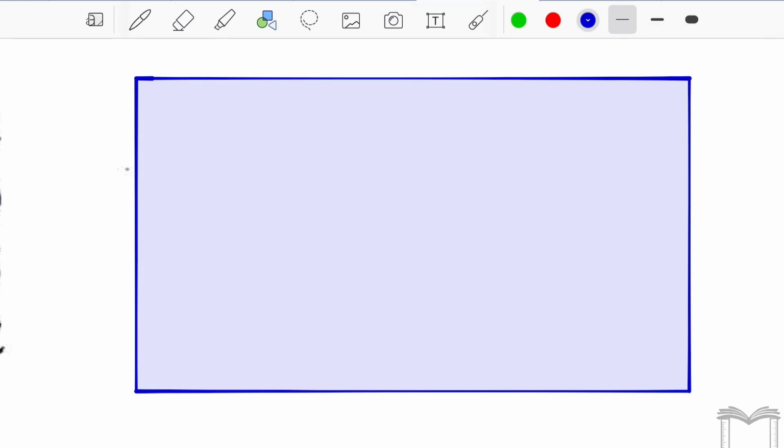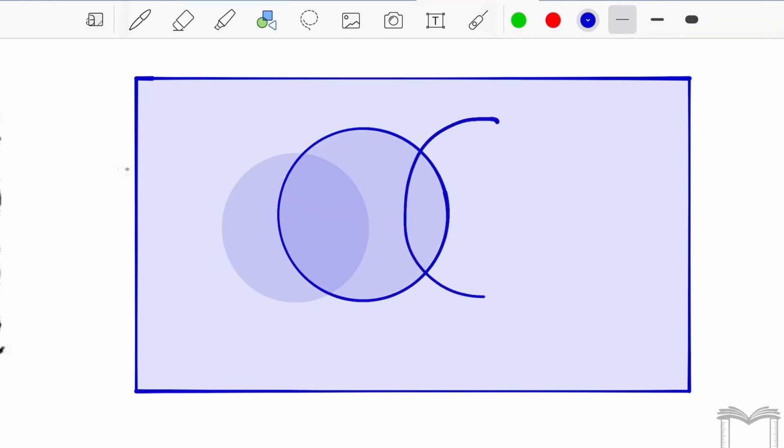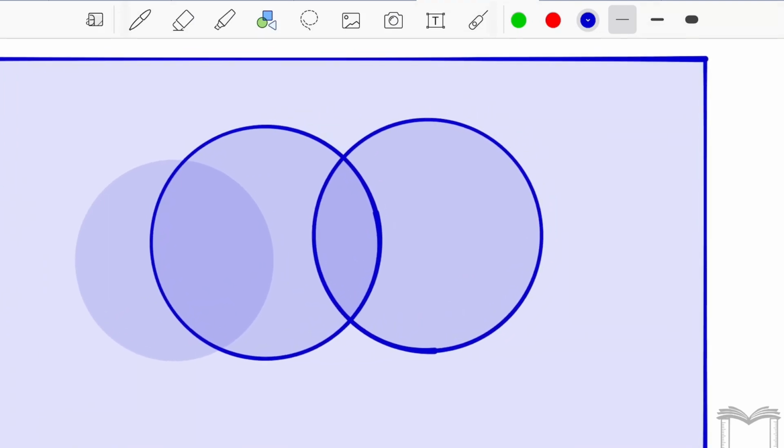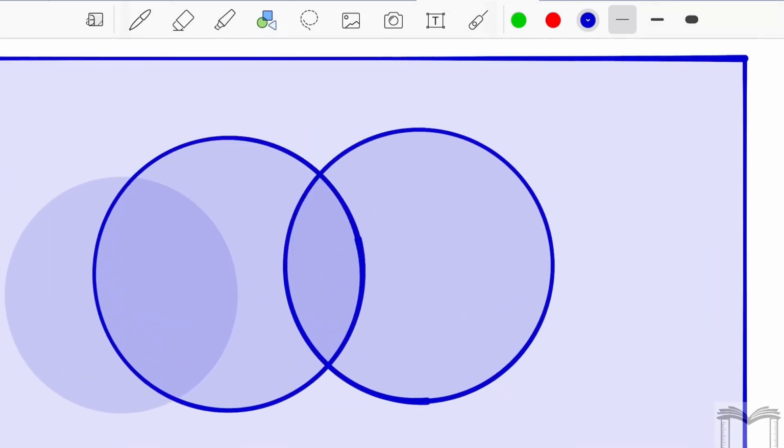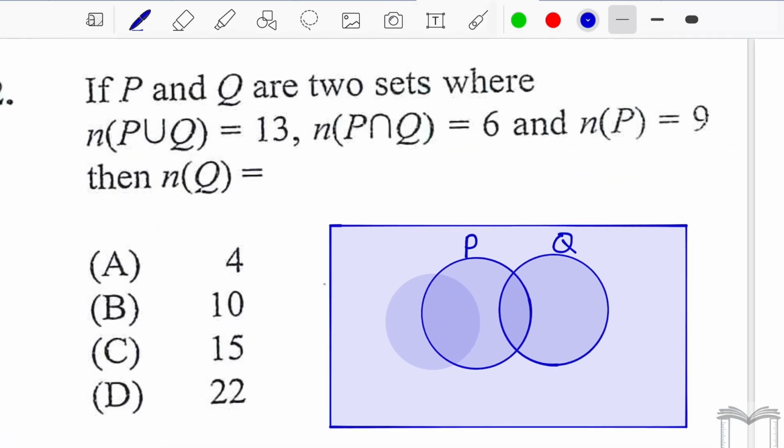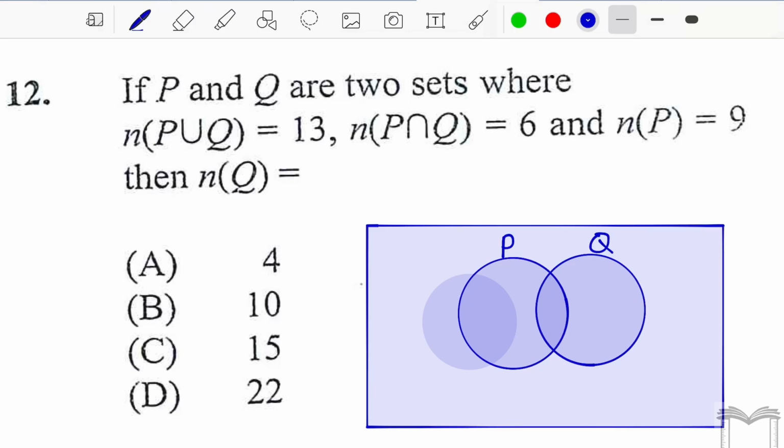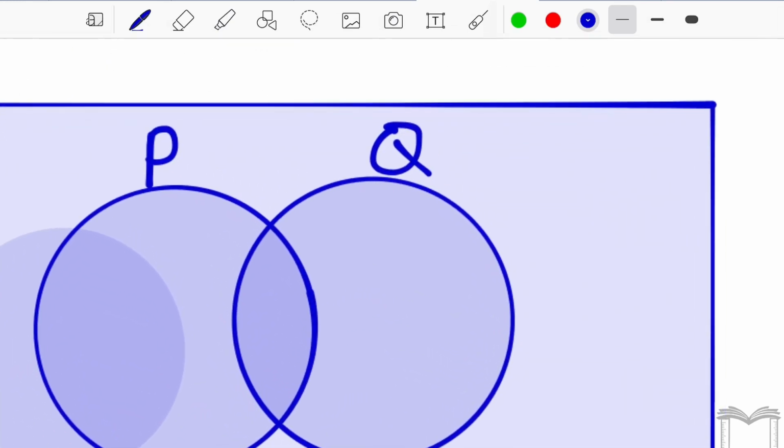So let's put P and Q. Ignore the first circle, that is not important. They are telling us that the number in P is 9, and the intersection between P and Q is 6.